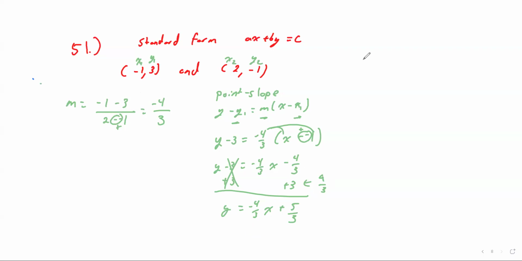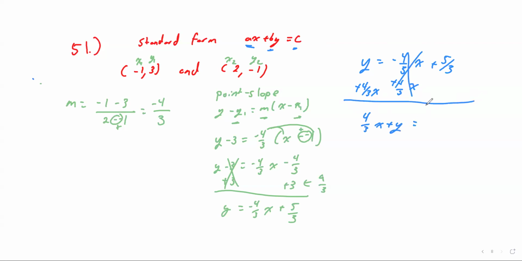Let me rewrite it over here so you can see the next part of the work. Now I'm going to add 4/3 x to both sides. But again, keep in mind that I want the x, the y, and the constant. So this will be 4/3 x plus y equals 5/3.